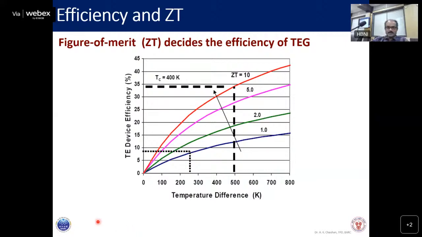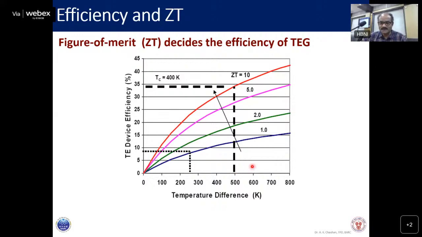Suppose the figure of merit is 1, and the temperature difference between the hot end and cold end is 500 degrees centigrade. Suppose one is at 500 degrees centigrade and another is at 0 degrees, or one is at 600 and another at 100. In that case, you will get delta T of 500 degrees centigrade.